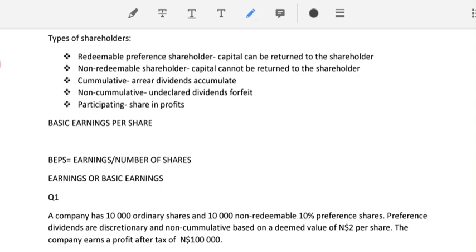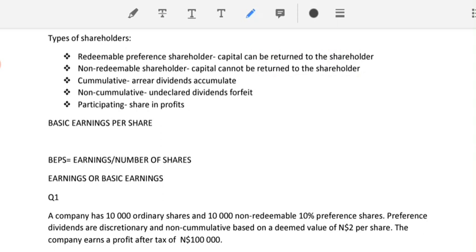We have non-redeemable shares. That capital cannot be redeemed. It cannot be returned to the shareholder unless the shareholder wants to cease being a shareholder, then he can sell it to someone else.